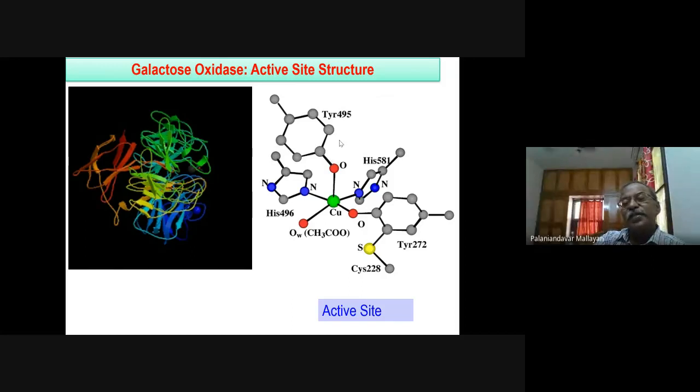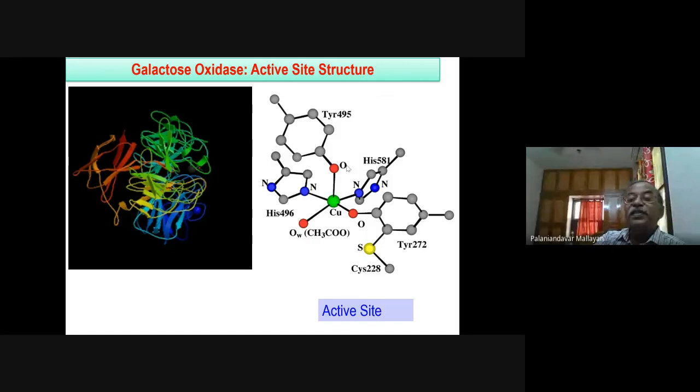What is this amino acid? Tyrosine amino acid. The phenolate oxygen is bound in the axial direction. So you should remember that the phenolate is a strong field ligand. Phenolate, PhO minus, strong field. But then it would be expected to coordinate in the equatorial position.